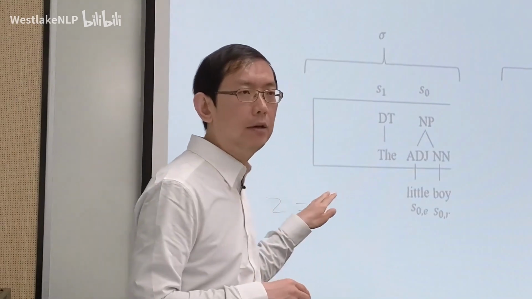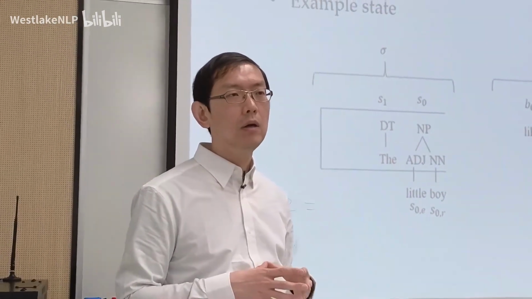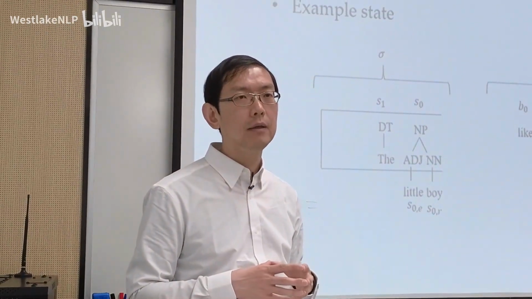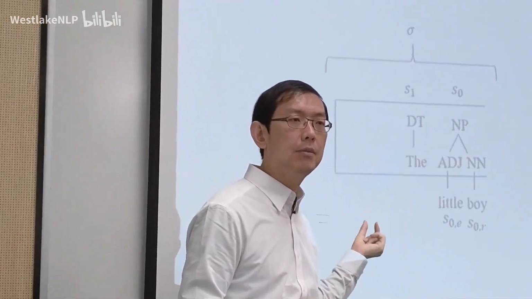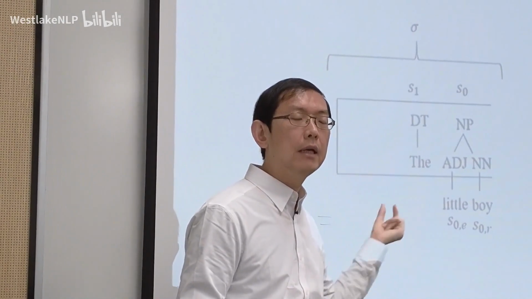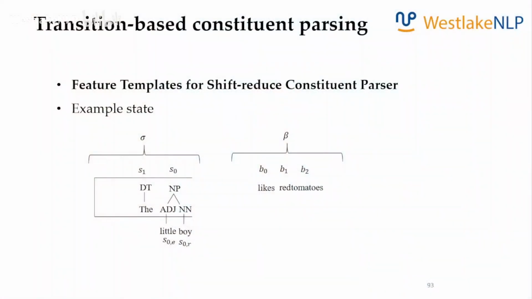I think both patterns on the stack and on the buffer will help, right? If you know somehow the stack contains the determiner and a noun phrase, and the next thing in the buffer is a verb, you probably want to combine the determiner with the noun phrase first to make a full noun phrase before I shift the verb onto the stack, so that I will not lose a chance to combine the determiner with the noun phrase, right?